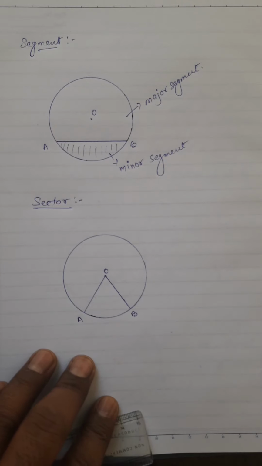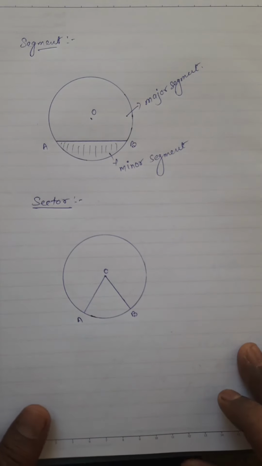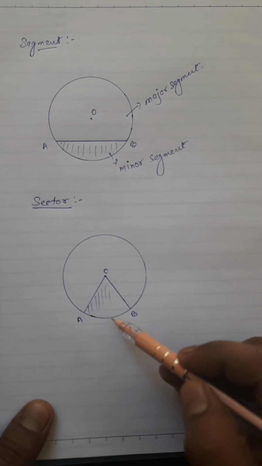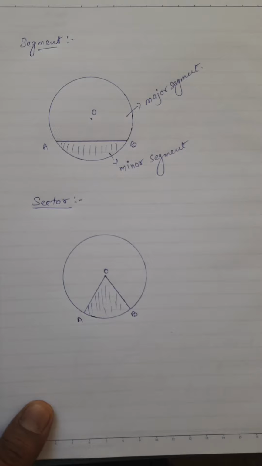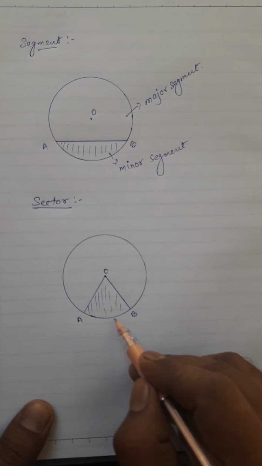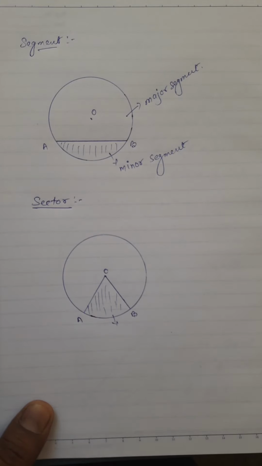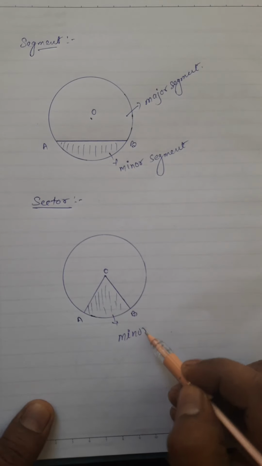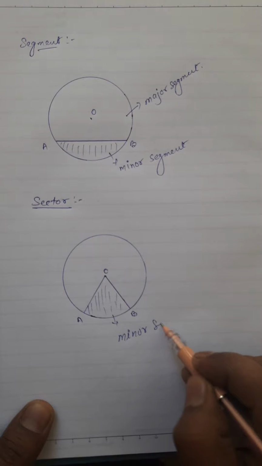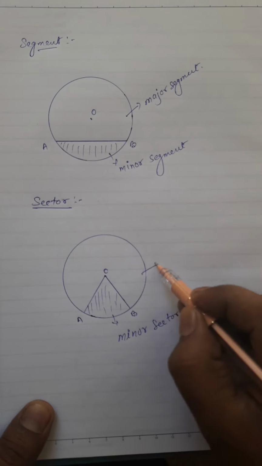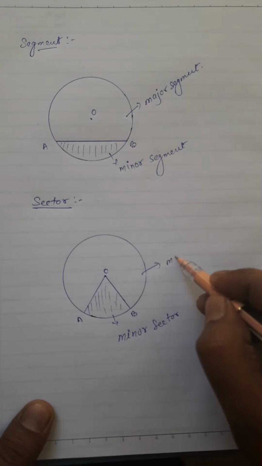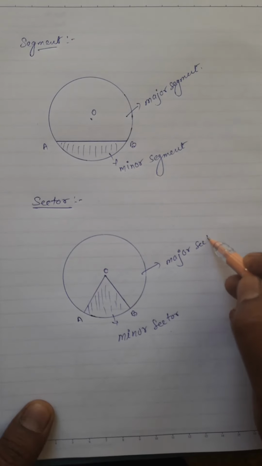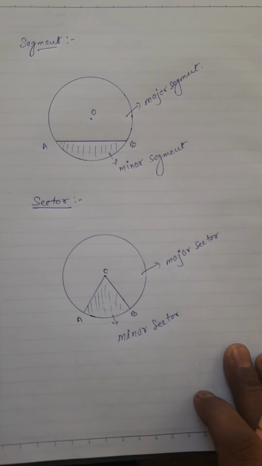The region between the radii and the arc is called a sector of the circle. The smaller part is called the minor sector, and the bigger part is called the major sector of the circle.